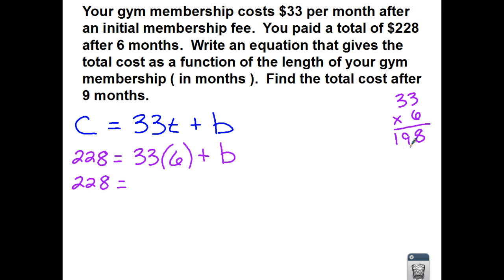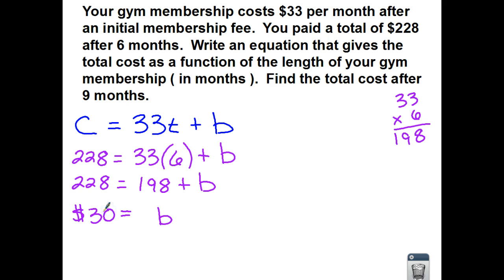So you have $198. And then we need to solve for B, so that's going to be the initial cost, your starting amount. So we subtract $198 from both sides. So B is going to equal $30.